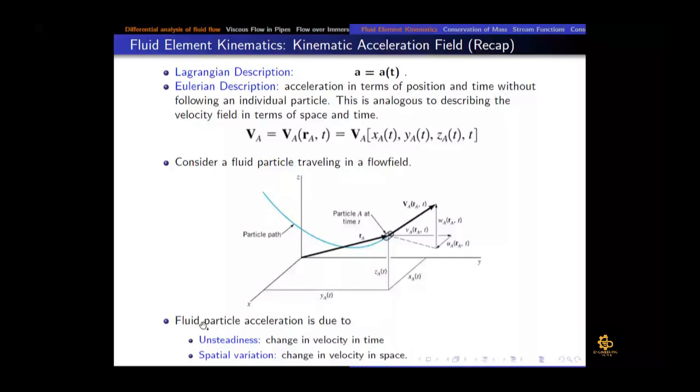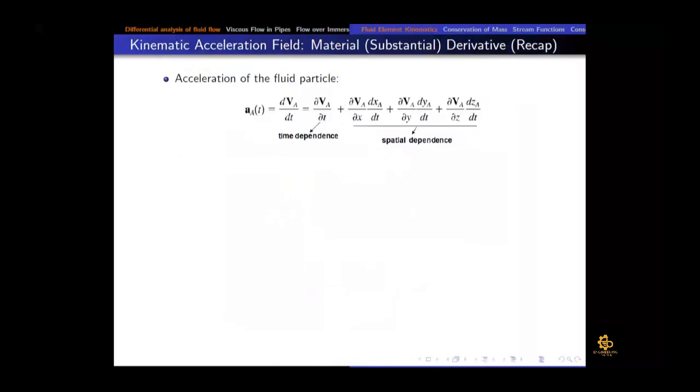So fluid particle acceleration is due to two things. One is the time rate of change, and the second is the spatial variation. So I hope that these concepts are clear from FM1. And how to write the acceleration: the time rate dependence is the first term, partial v by partial t, and then the spatial variation, that is how the velocity changes in space in x, y, and z direction.